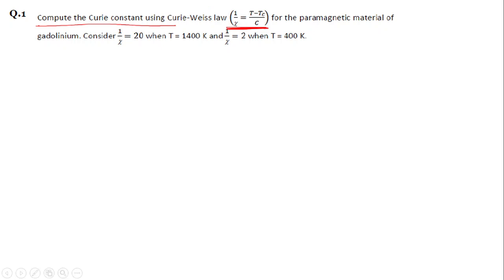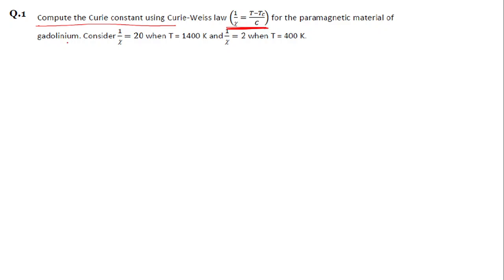Once you go through those derivations and models, you will be able to get the origin of these formulas. But here for numerical problems, we will be directly using them. Chi is the susceptibility, T is the current temperature, Tc is the Curie temperature that I explained, and C is some constant called the Curie constant.